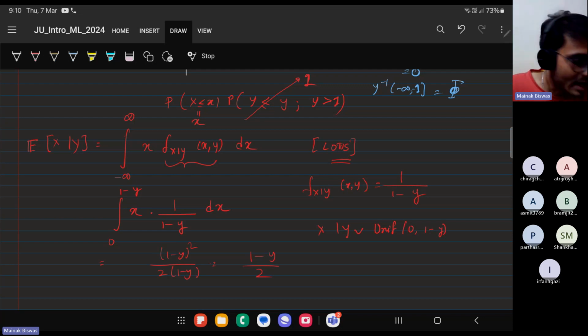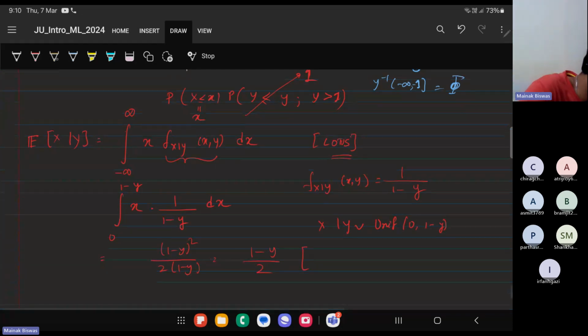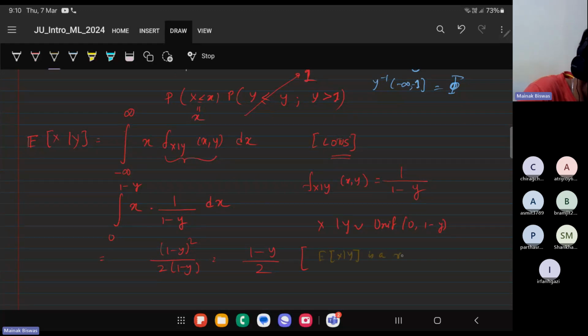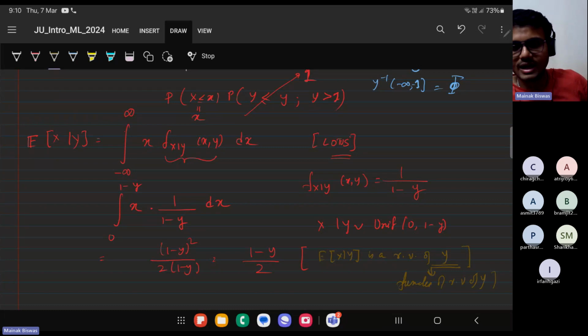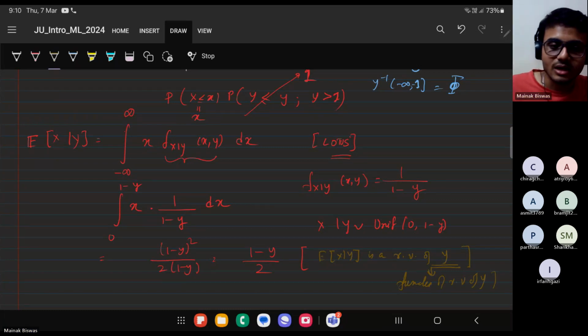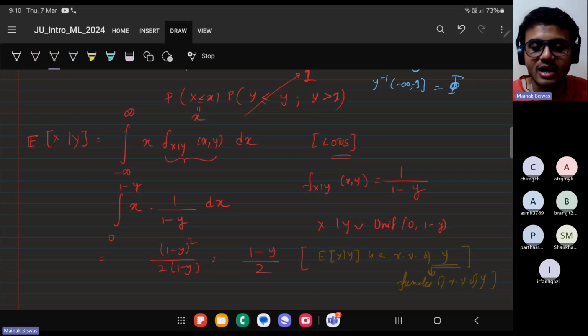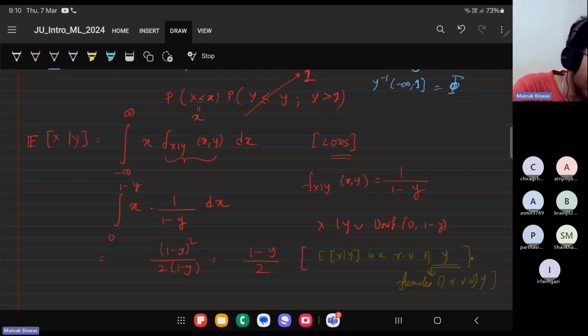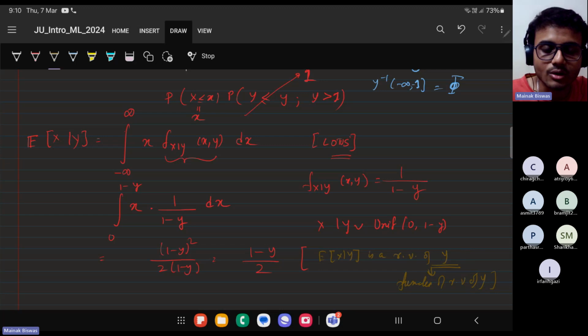Yes. No doubt. So what did we see? We see that the expected value of x given y is a random variable of y, or a function of the random variable y. Always remember this. When you study more, you will see it's a y-measurable random variable. I defined what a measurable random variable is last time, but it is not required now. So remember, in this case y is given to you, so x given y is a random variable.